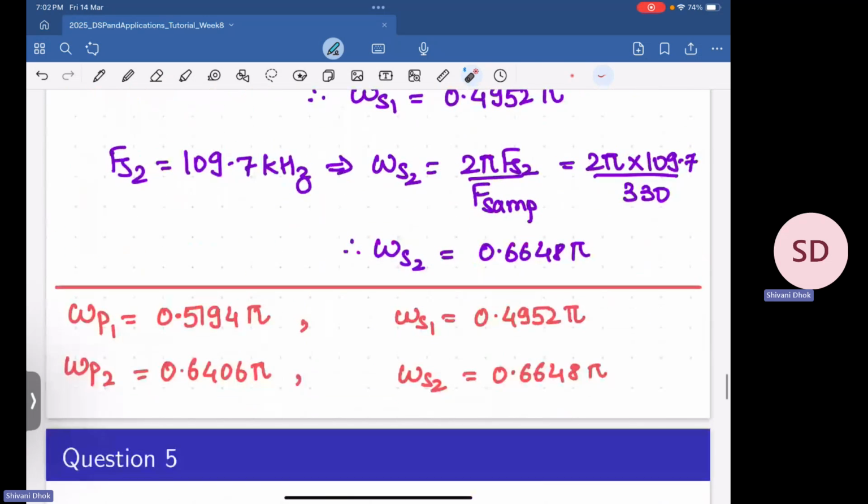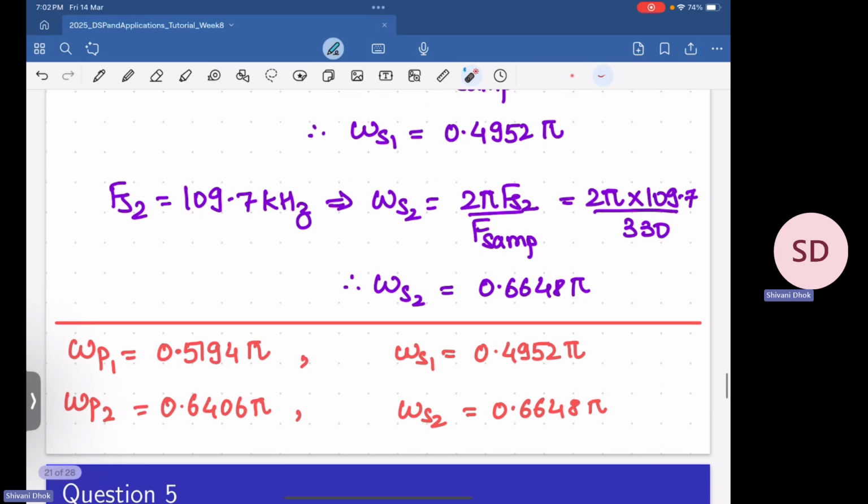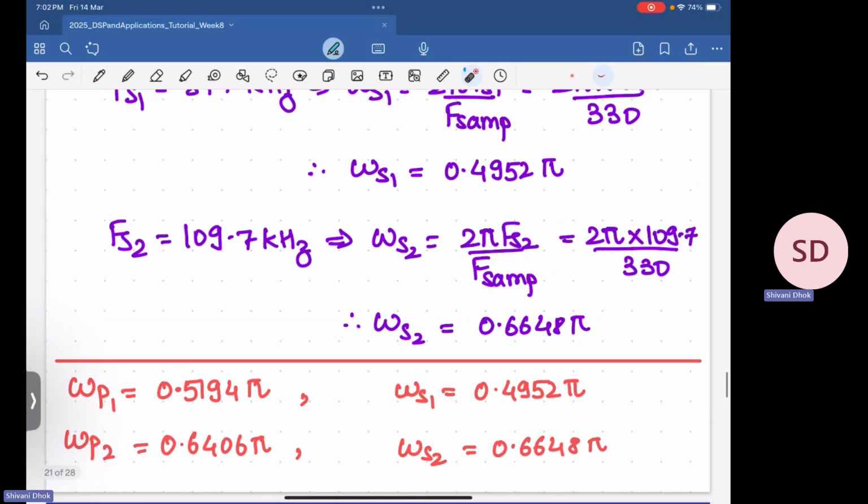Yes, this omega S2 is higher than omega P2 because omega S2 is 0.6648 pi and omega P2 is 0.6406 pi. Is it clear? So we have these normalized specifications now. Till this point, are there any queries? I'm going slow with this question because this is an important design question. It needs patience also to solve.